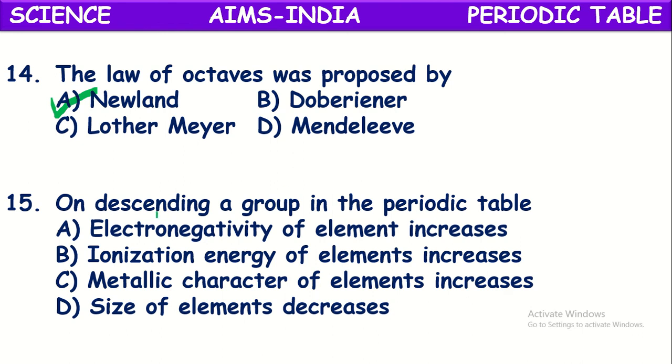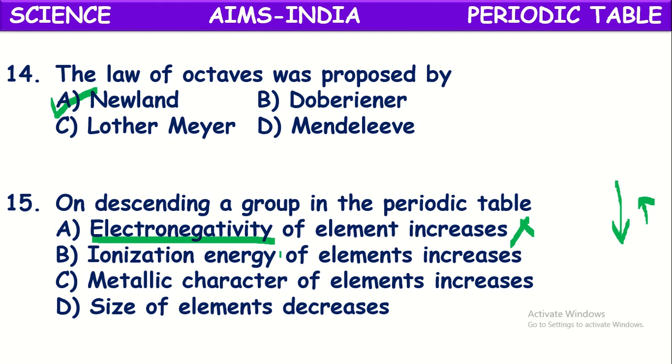Before that, let us compare the size so that we can relate all these properties to the atomic size. In a group, from top to bottom, if we move, atomic size increases. If size increases, electronegativity decreases in a group from top to bottom. If you say ionization energy, even ionization energy is also inversely proportional to size of the atom.